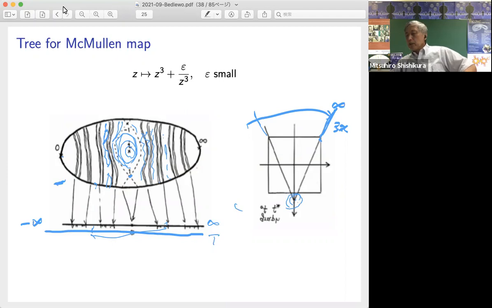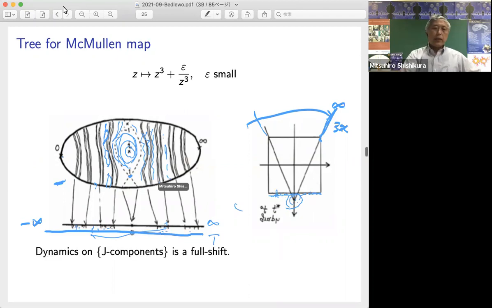Okay, so if you remove these non-escaping points from the box, it's easy to see that you get a Cantor set, a 1/3 Cantor set inside, and this Cantor set corresponds exactly to the Cantor set of the Julia set.